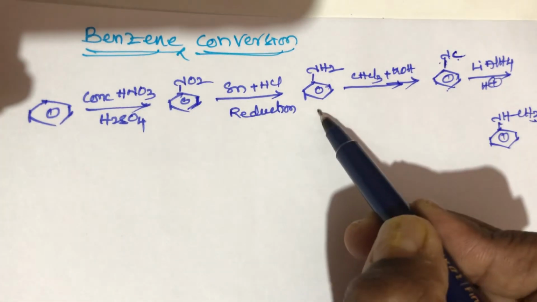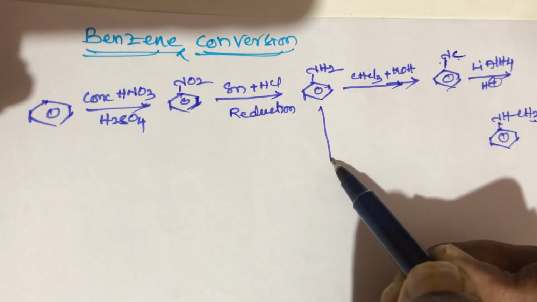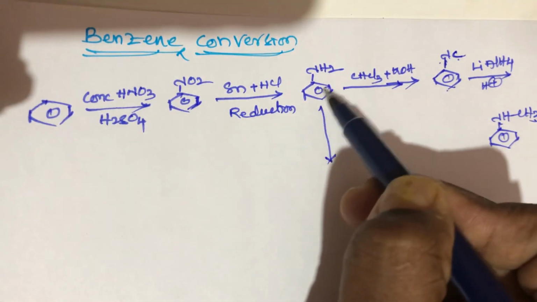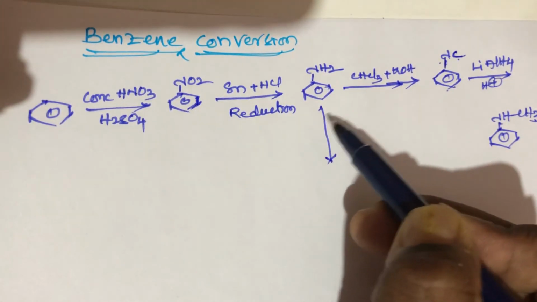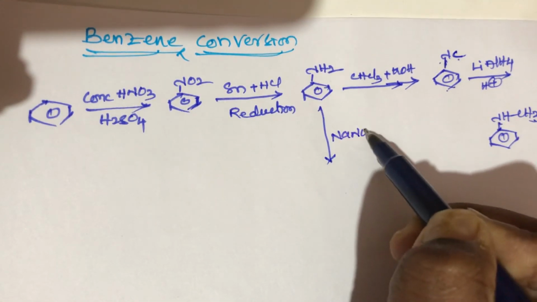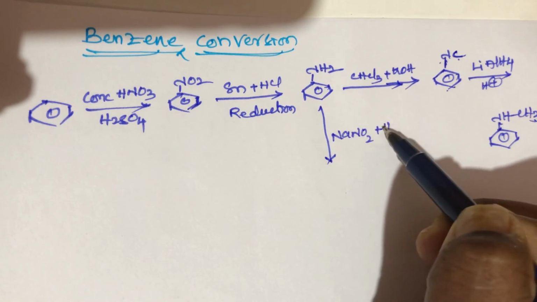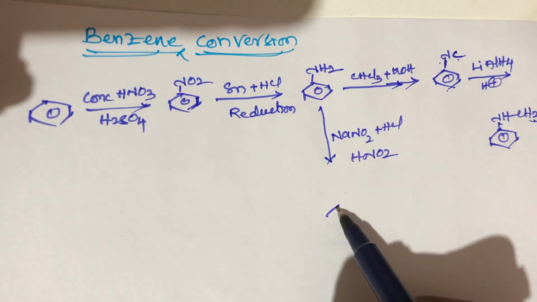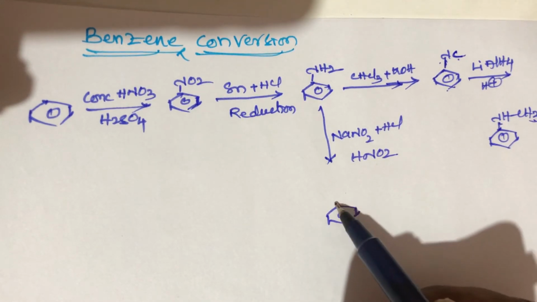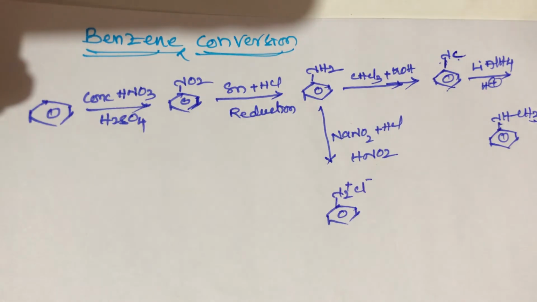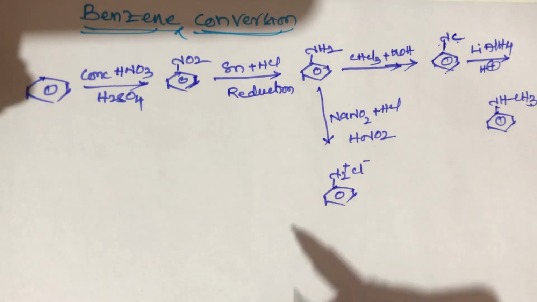Again, this amine, phenylamine or aminobenzene, when reacted with NaNO2 plus HCl, in the presence of nitrous acid, we get the product benzene diazonium chloride, N2+Cl-.